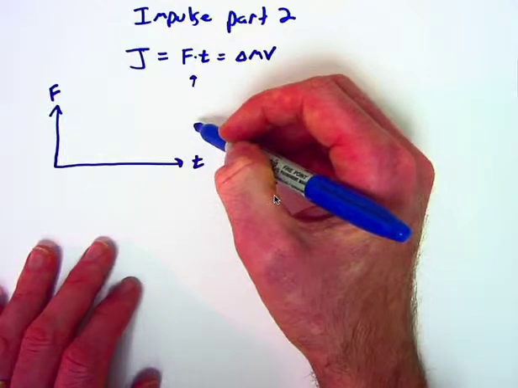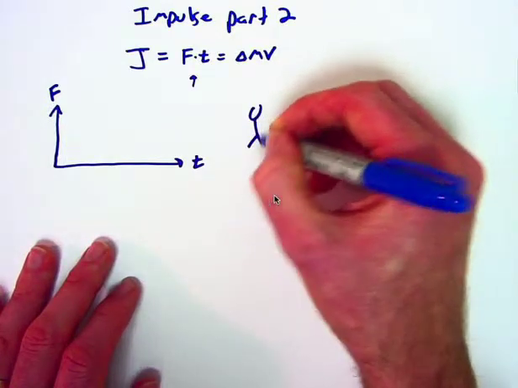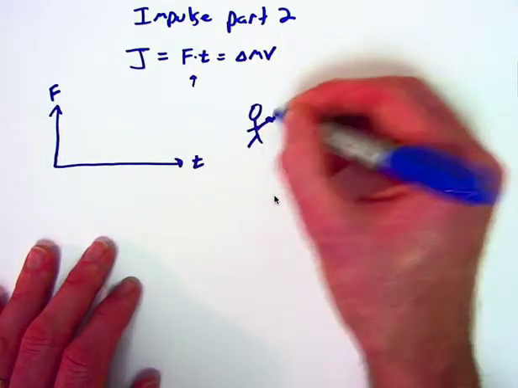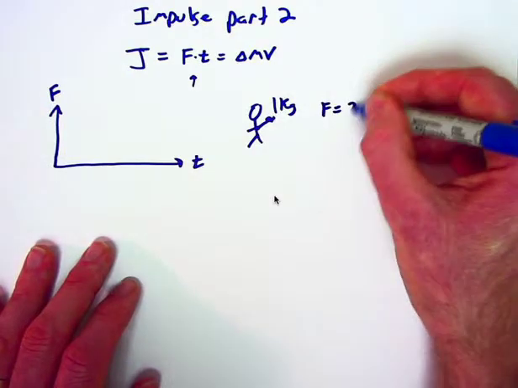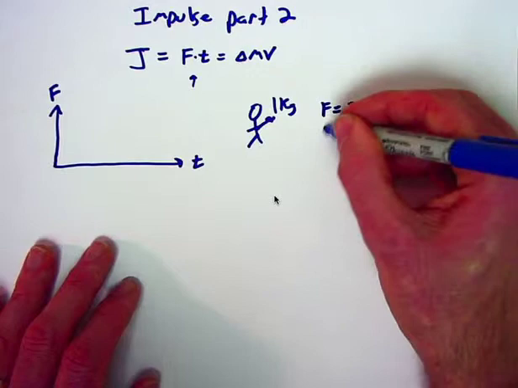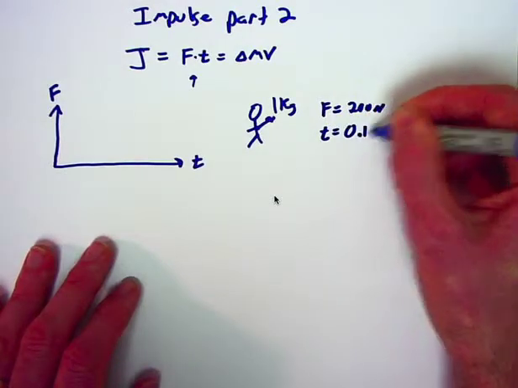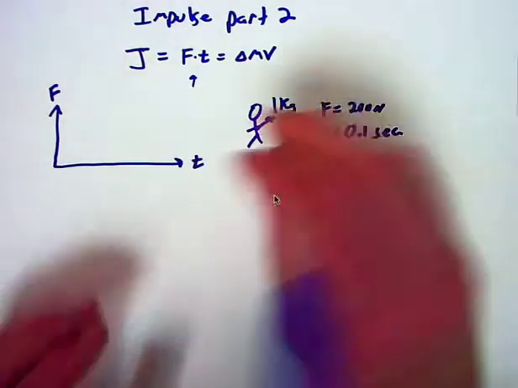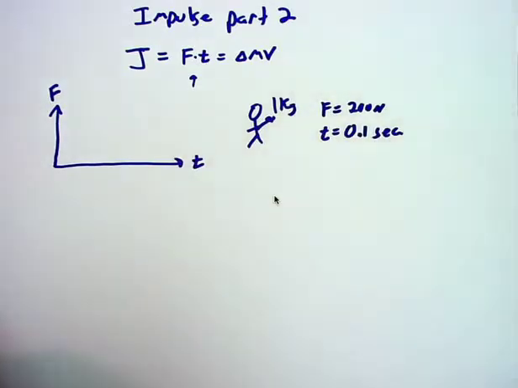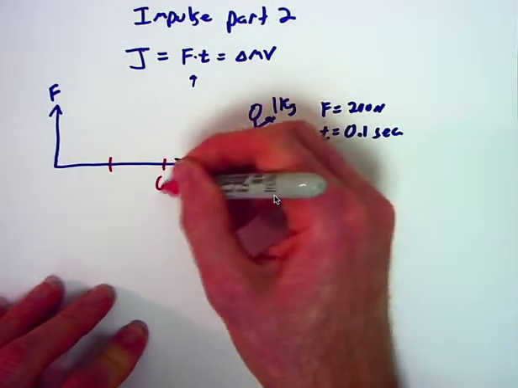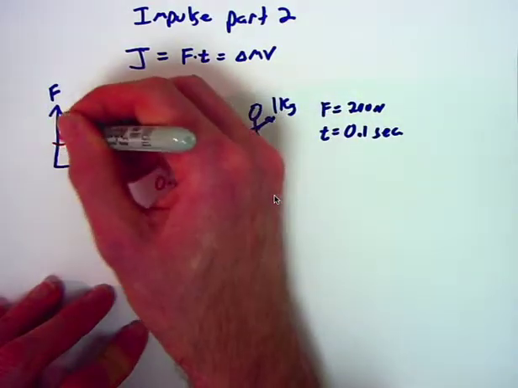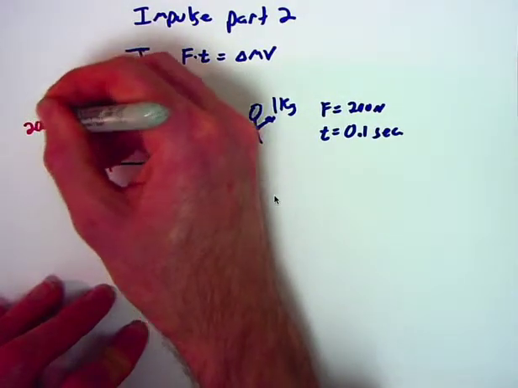Now let's go back to the example of throwing the baseball from the last video. We had a 1 kilogram baseball, a force of 200 newtons and a time of 0.1 seconds. If we want to graph that, let's just say there's 0.1 over here and 200 over there.